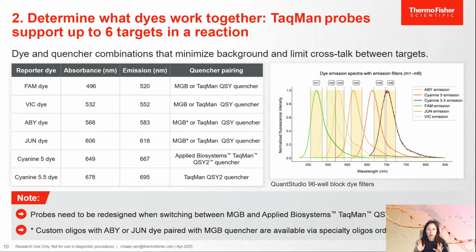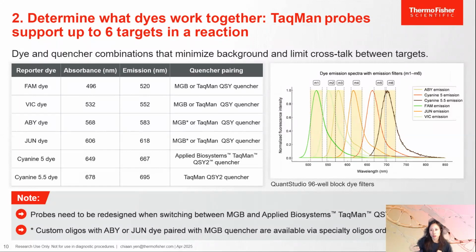Okay, so now that you know the compatibility of your instrument for the dyes that you may want to use, you have to pick what set of dyes will work well together in multiplex, and also the quencher that you're going to pair them with in order to minimize background and limit the crosstalk between the different targets in a multiplex reaction.